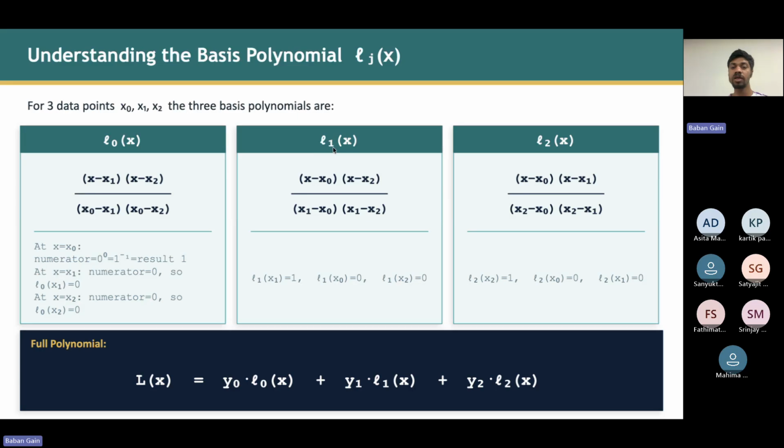So L1 at X1 is 1, otherwise it is 0. L2 at X2 is 1, otherwise it is 0. But note that I am talking about X0, X1, X2 only. If there is any other value, like any value between X0 and X1, or between X1 and X2, in that case, we have to calculate everything.